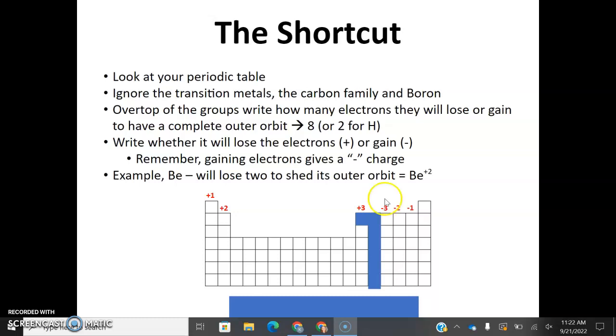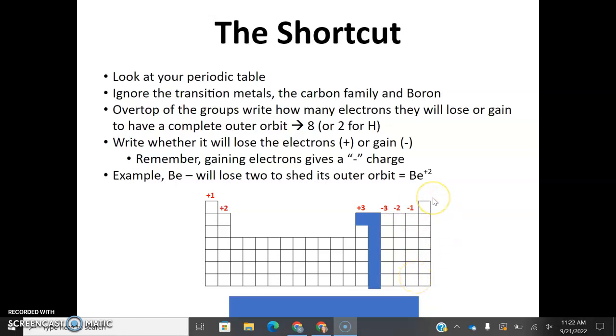Okay, so like here, where we have a charge of -3, that means that all these elements will take 3 electrons. All of these elements in this group will take 2 electrons. All the elements in the halogens will take 1 electron.